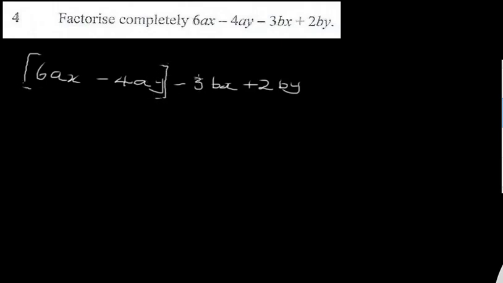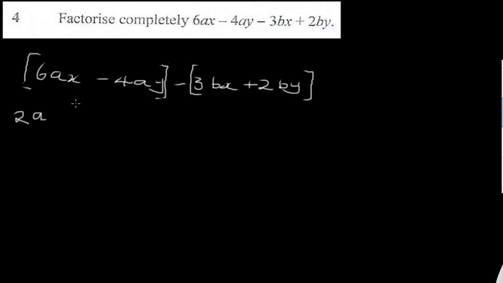And we factorize this part. All right. So what do we have common between these two? So we've got a 2 that can go into both coefficients that we have, that's 6 and 4. So we would have a 2 outside. What else? We've got an a. a is common in both. So we'd have a, right? What else is common?